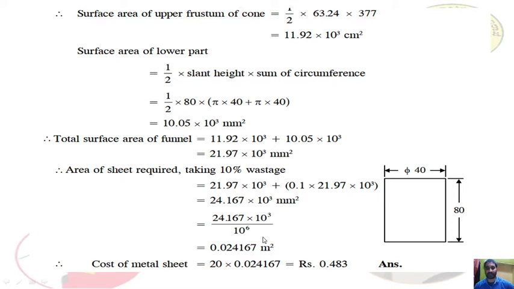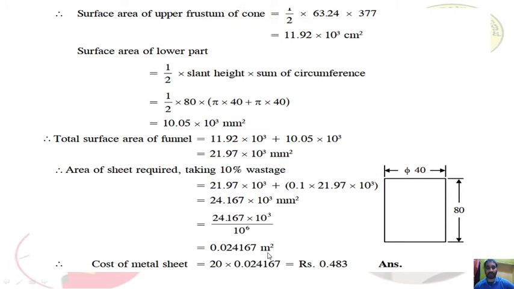To convert this into meter square, divide it by 10 raised to 6, because 1 meter equals 1000 millimeter. If you want millimeter square from meter square, you multiply by 10 raised to 6, and if you want meter square, you divide by 10 raised to 6.